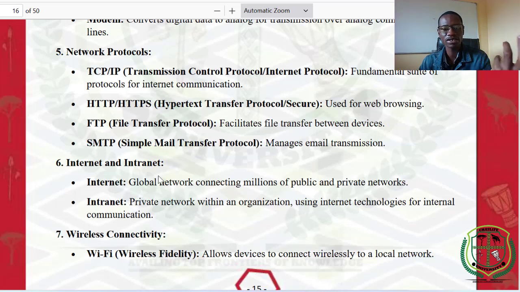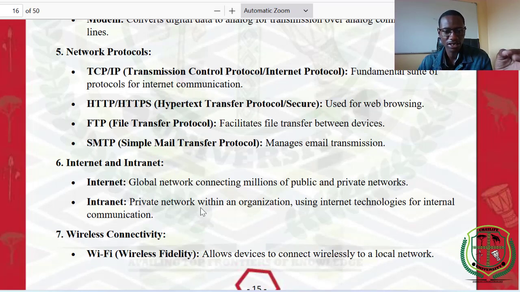So let's now look at the internet and the intranet. The internet is a global network connecting millions of public and private networks together.